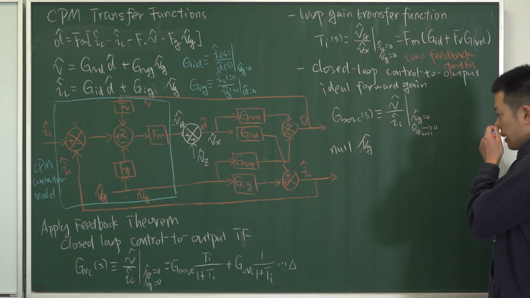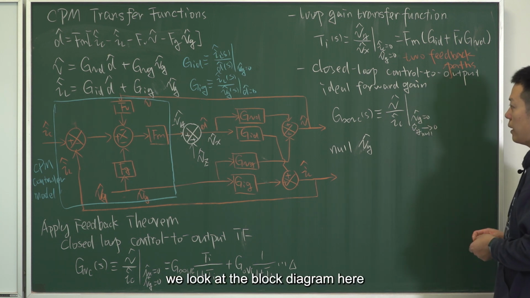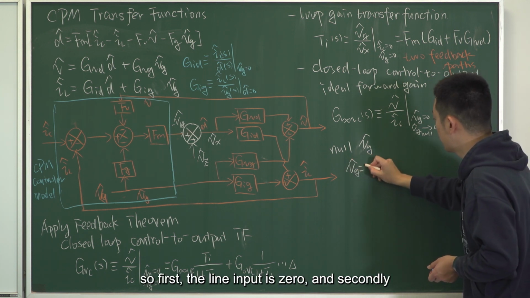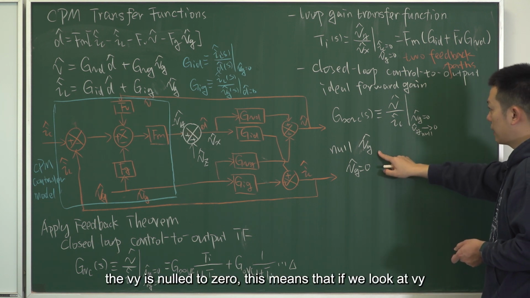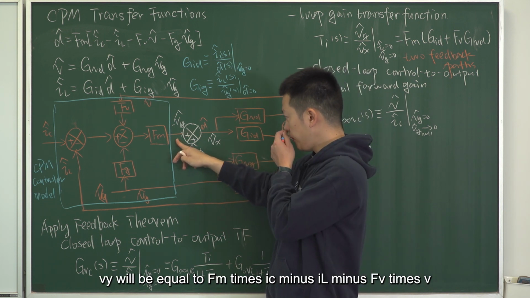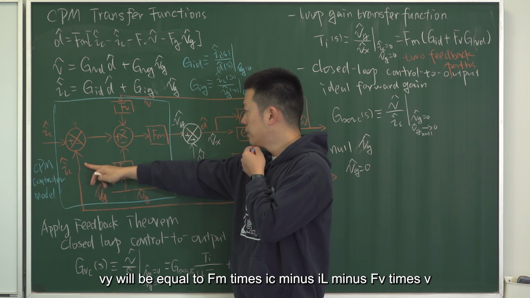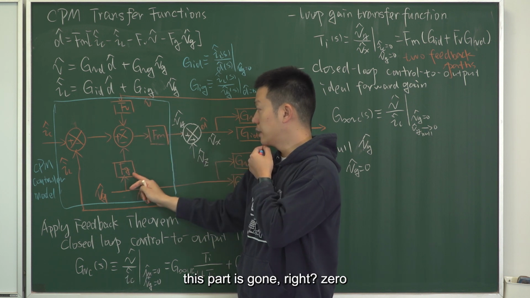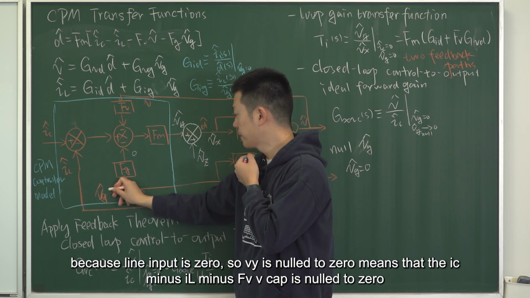So basically, we look at the block diagram here. First, the line input is 0. And secondly, Vy is nulled to 0. This means that Vy will be equal to Fm times the quantity IC minus IL minus Fv times V. This part is gone, 0, because line input is 0.